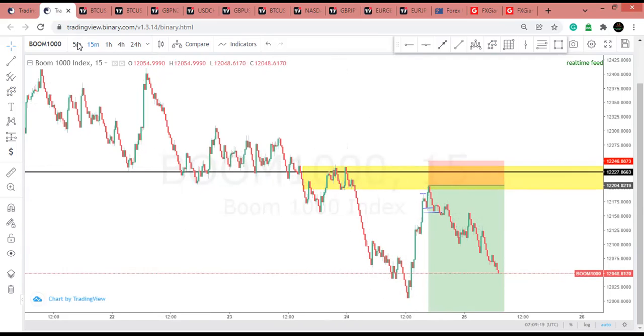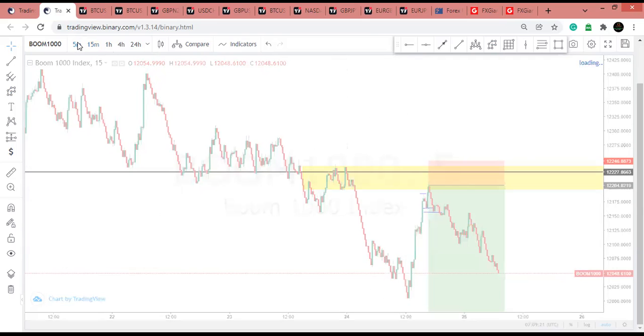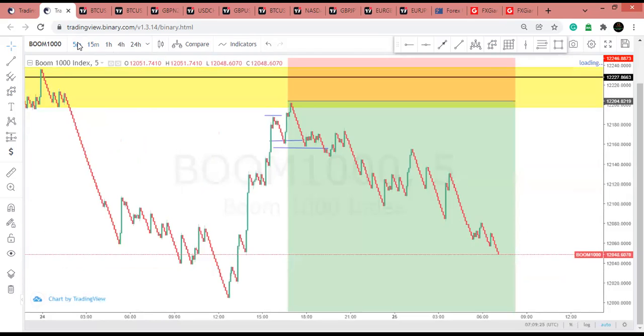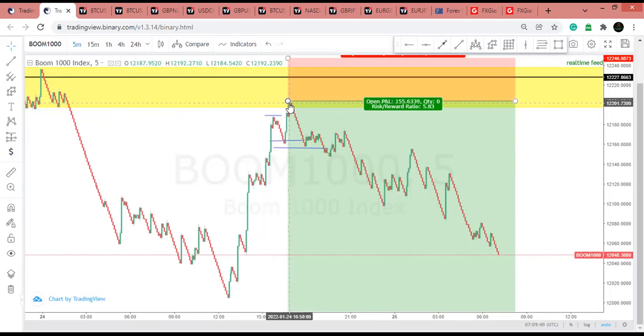I saw a Wyckoff distribution model right in the yellow zone. Look at it. See, those that are selling early, what happened to them? The big guys took them out right immediately, and immediately they broke structure.